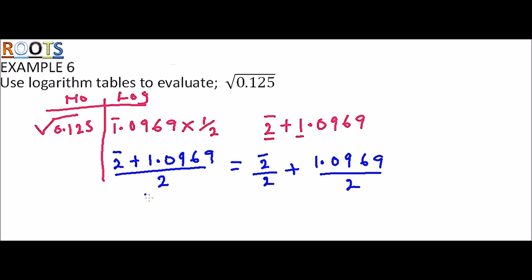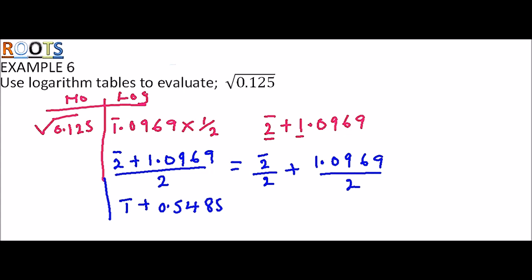When you divide that by 2, you get bar 1 plus 0.5485.